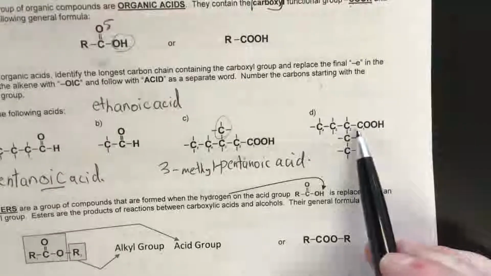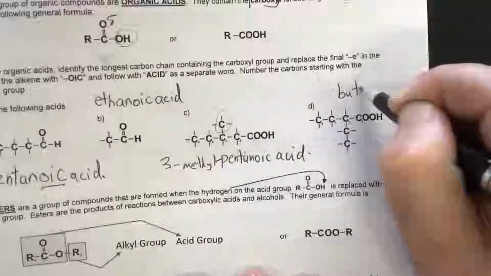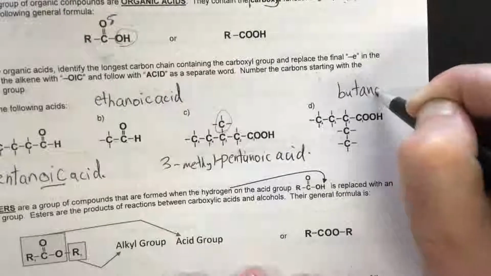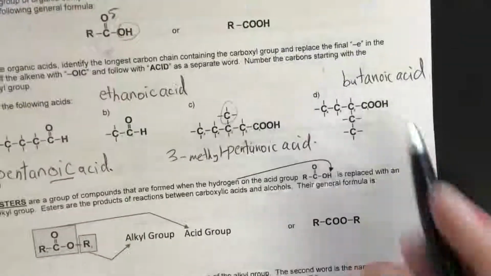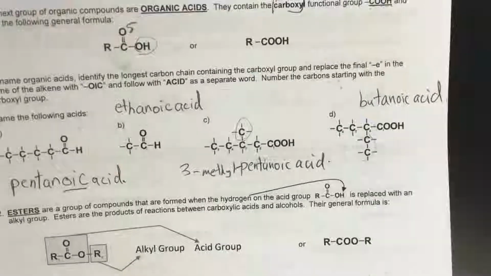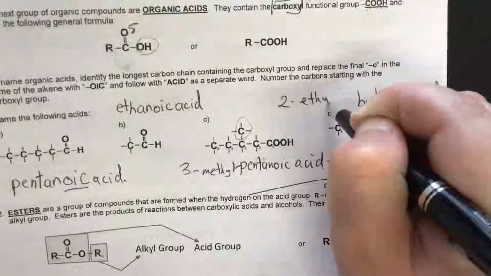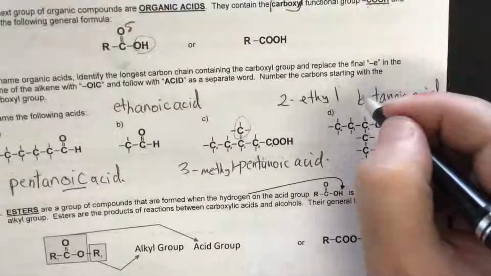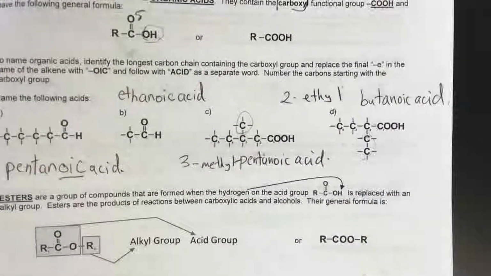Okay, this is 1, 2, 3, 4. This is butanoic acid. And then on carbon number 2, we have this attached ethyl group. So it becomes 2-ethylbutanoic acid.